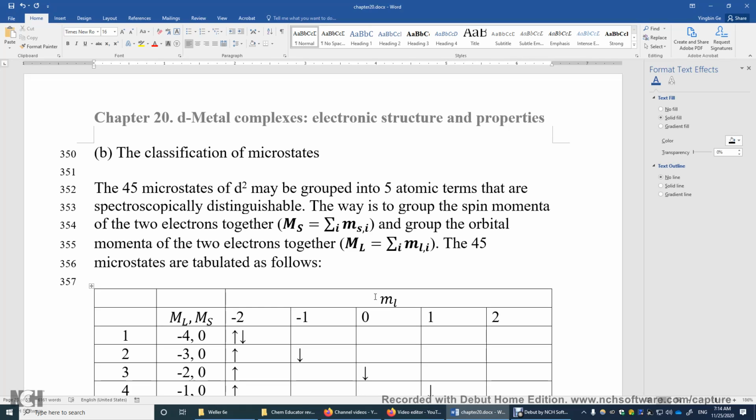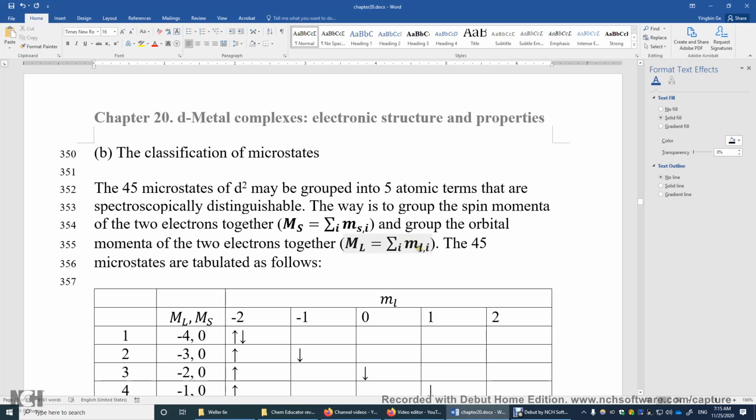What we need to do is sum up the spin momenta of these 2 electrons together, and sum up the orbital momentum of these 2 electrons together. If we're talking about individual electrons, we use m sub s as the quantum number for the z component of electron spin.